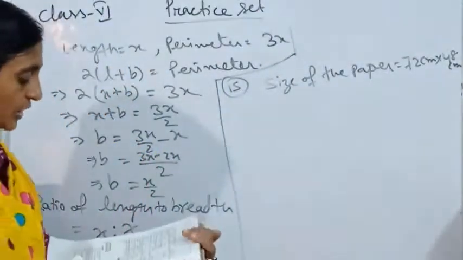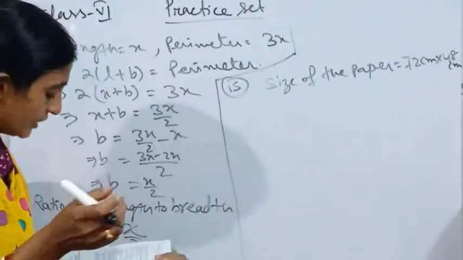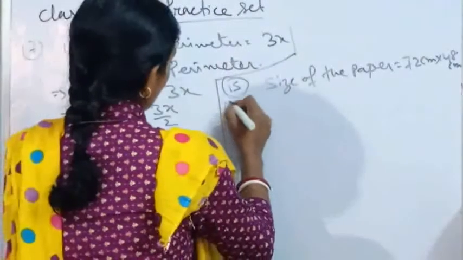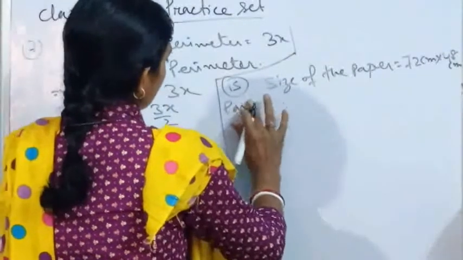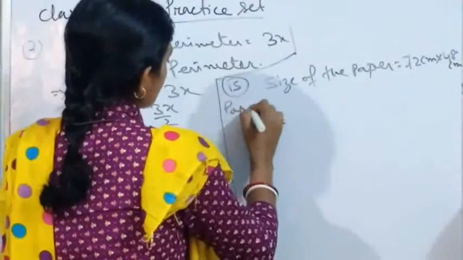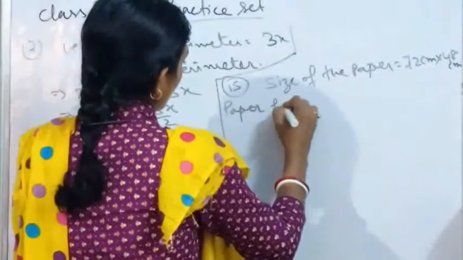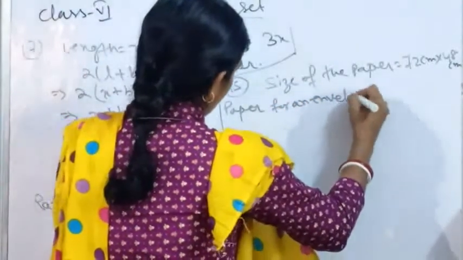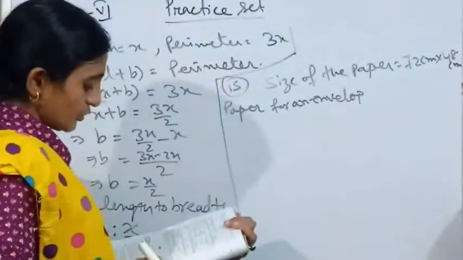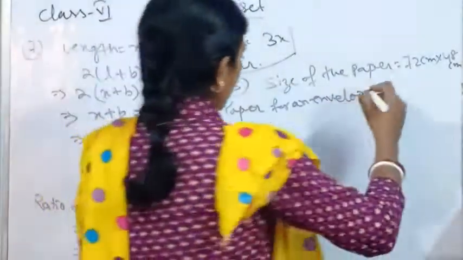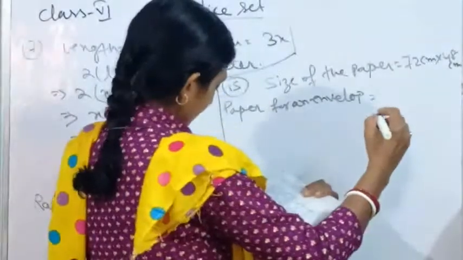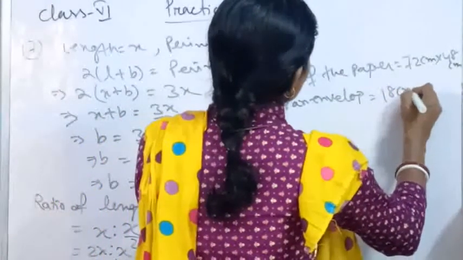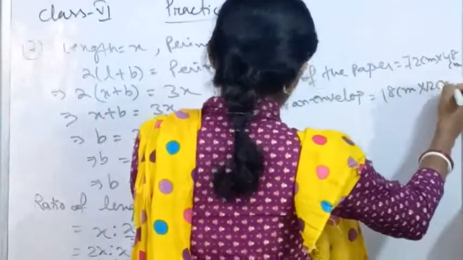Now the paper required for an envelope: how much is required? What will be the size of that? That will be 18 centimeter by 12 centimeter.